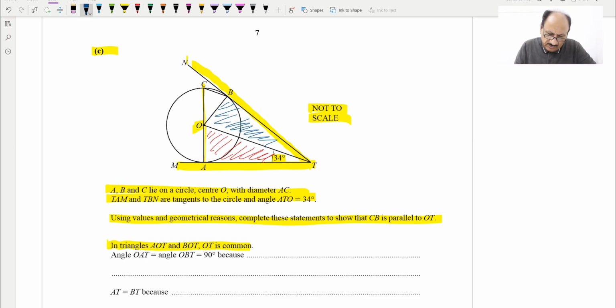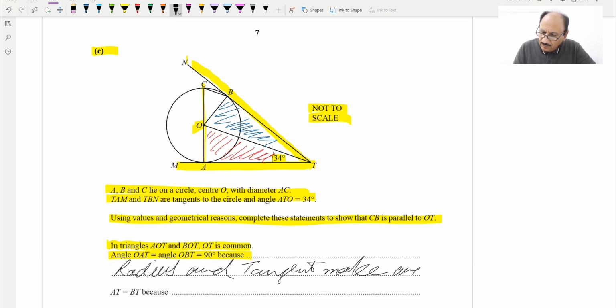In these two triangles, they are saying angles OAT and OBT are 90 degrees. The reason is that radius and tangent make an angle of 90 degrees. So we can write radius and tangent make angle 90 degrees. So this is done.